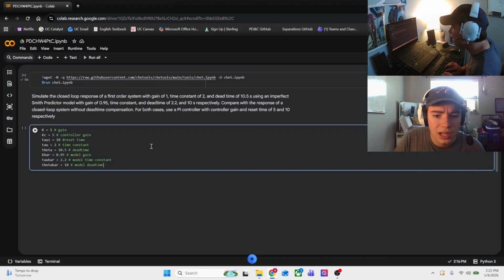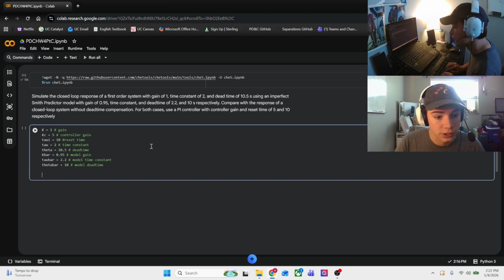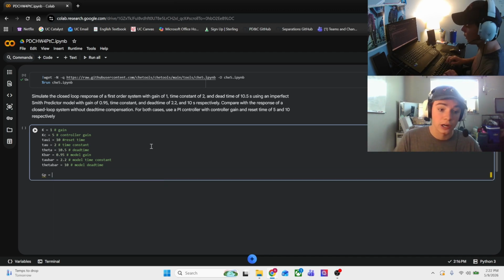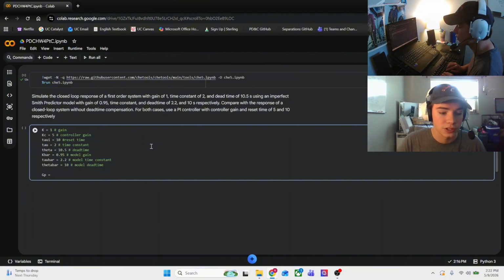And looking through our problems, I believe that is all of the constants that we're going to need to write this code. So I think we're good to go ahead and put in our GP, our actual process transfer function, because we're also going to have a simulated process transfer function right below this.